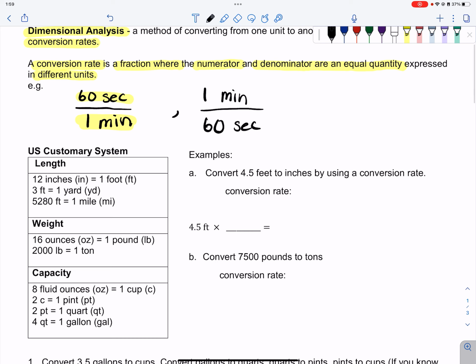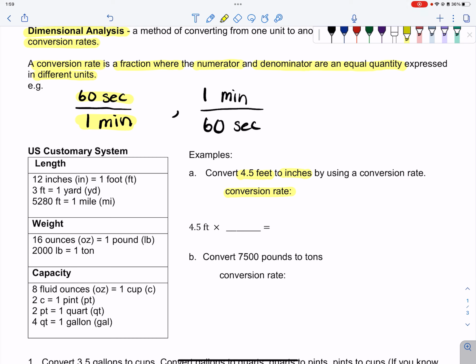I want to convert 4.5 feet to inches by using a conversion rate. So now my conversion rate, well, I need to get the equality of how many feet there are in inches, what are equal to each other.